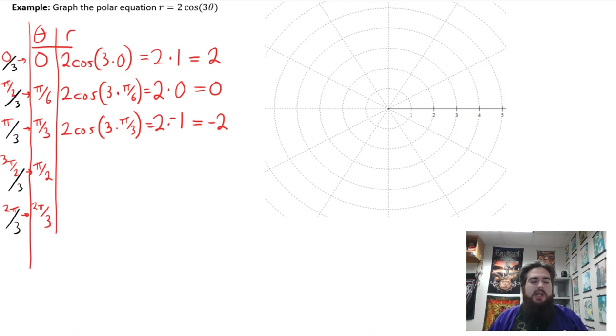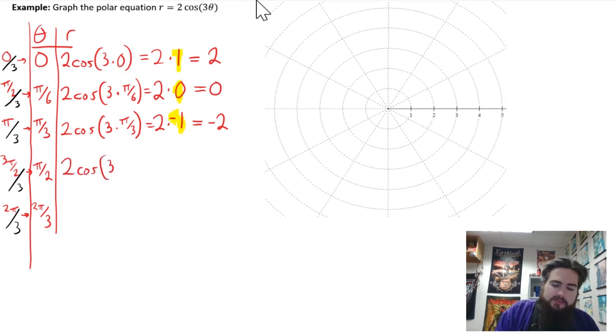Notice that we have created my values for theta so that what I end up getting here are just values of 2 times the values that we would typically use when graphing cosine. 1, 0, -1. The pattern will continue from here to give me 0 and 1 for the next 2. As shown here, 2 cosine of 3 times pi over 2. That's cosine of 3 pi over 2, which is 0, overall giving me 0.